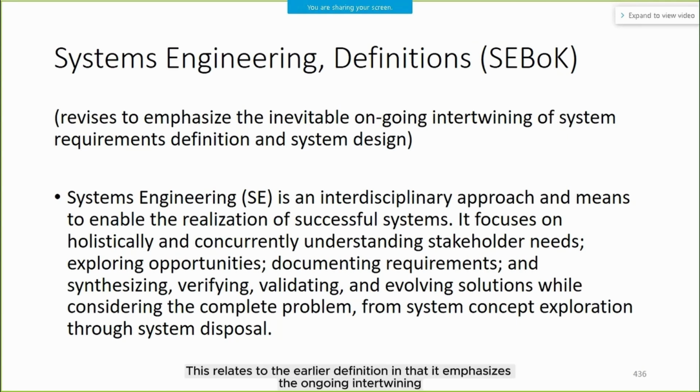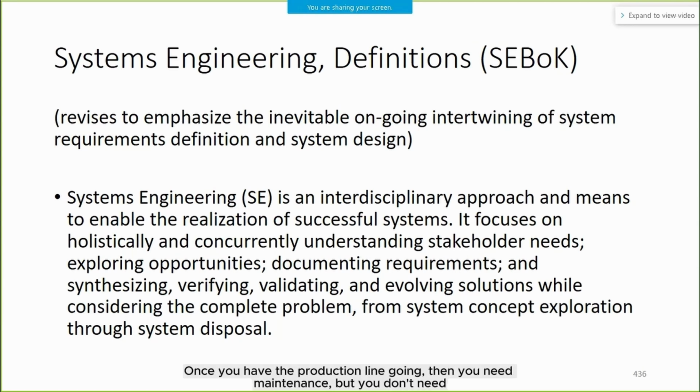This relates to the earlier definition in that it emphasizes the ongoing intertwining of system requirements definition and system design, which means that we have constantly to keep the system alive and awake and functioning. And that again would apply to the Mars mission. So the systems engineering role in the Mars mission continues from beginning to end, where the engineering role in manufacturing applies really only at the beginning.